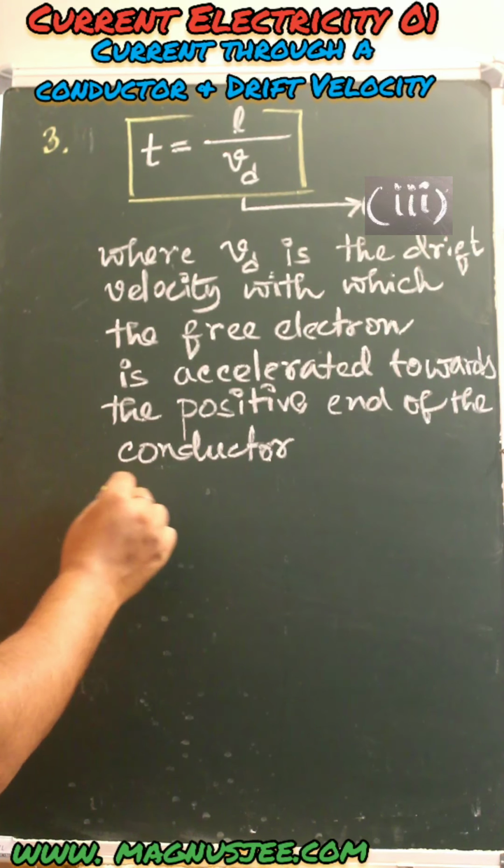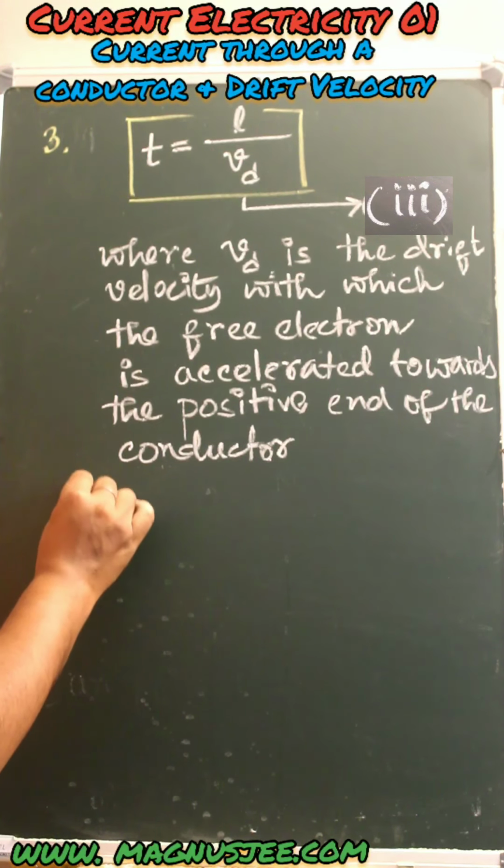So a free electron is accelerated towards the positive end of the conductor with drift velocity Vd, and L is the length of the conductor. So T is equal to L by Vd, which is equation 3.